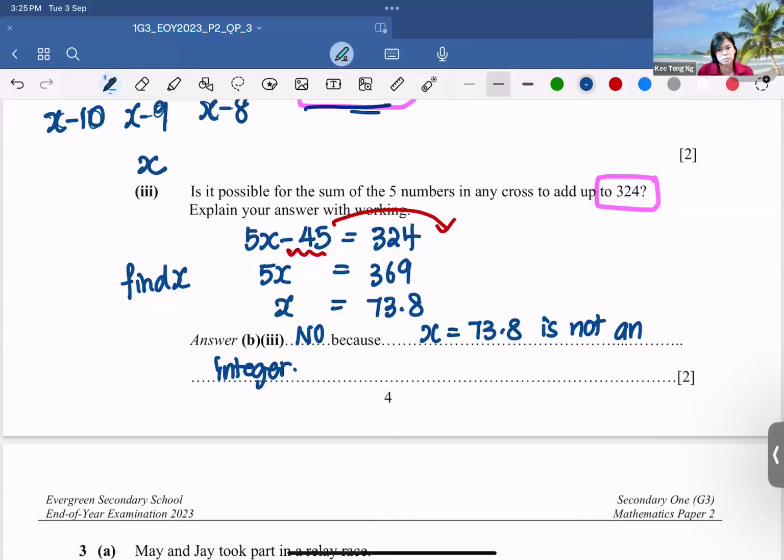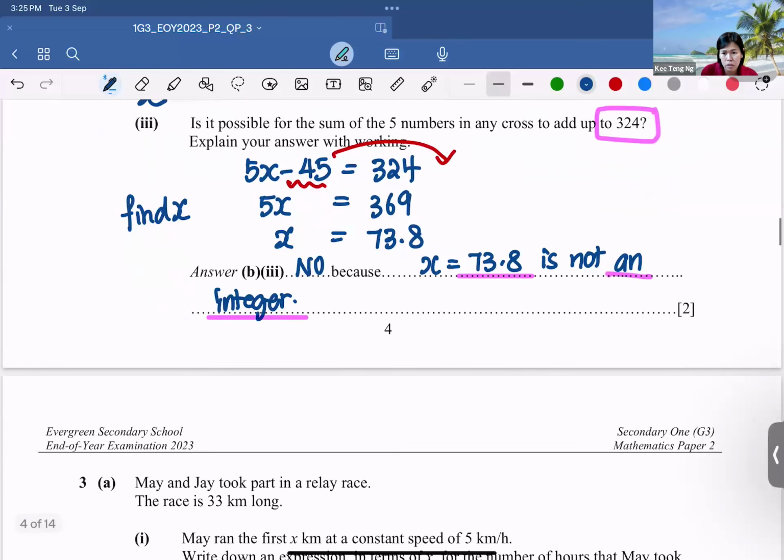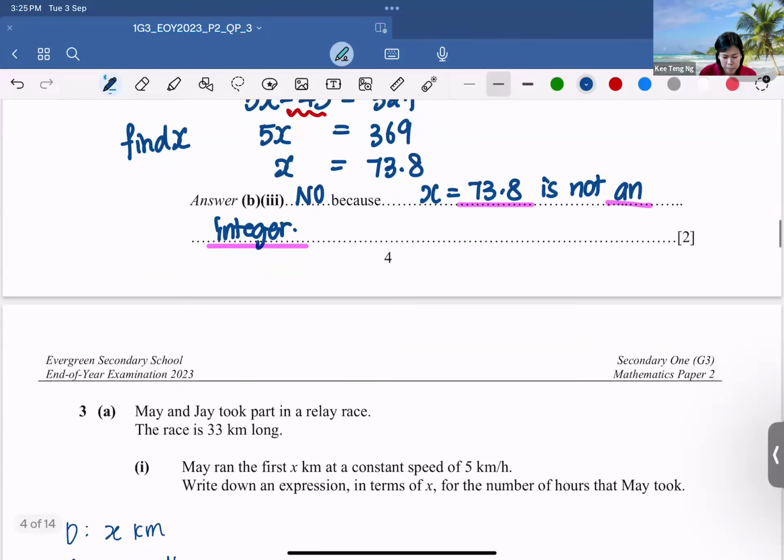Therefore, it's not possible. You must state the value and say not an integer. The answer no doesn't actually get any marks, but stating the value 73.8 and that it is not an integer will get you the mark.